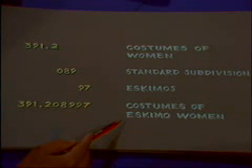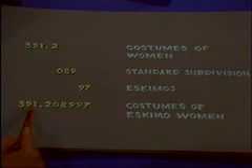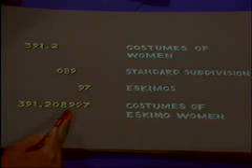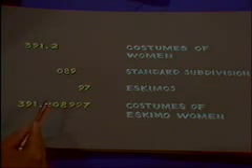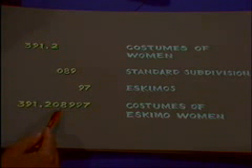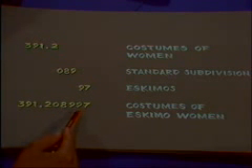The complete number is 391.208997, where 391.2 is Costumes of Women, 089 is the standard subdivision, and 97 represents Eskimos. Till now we have been discussing the use of table 5 through various examples. Now Uma will explain to you the use of table 7 with other examples.